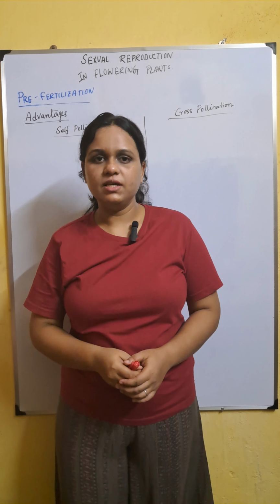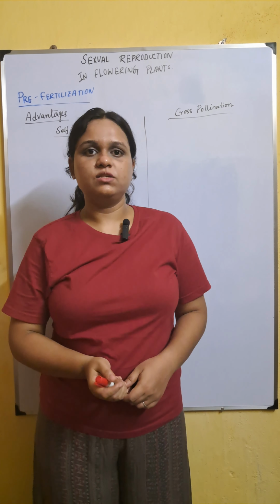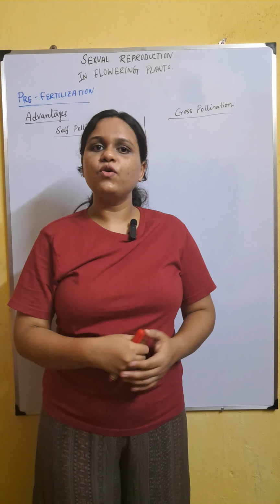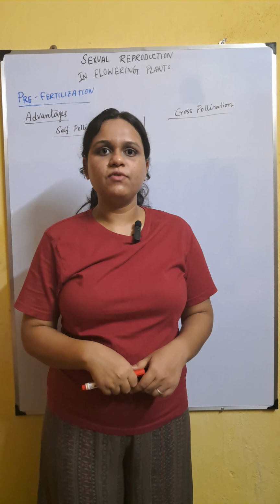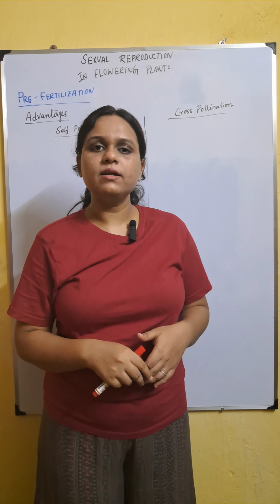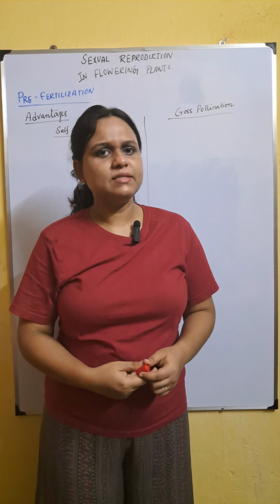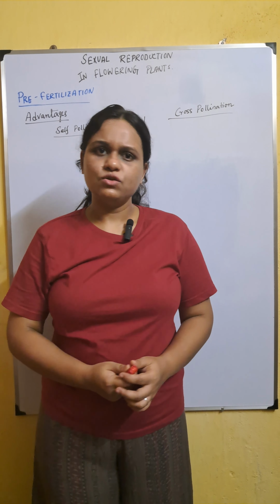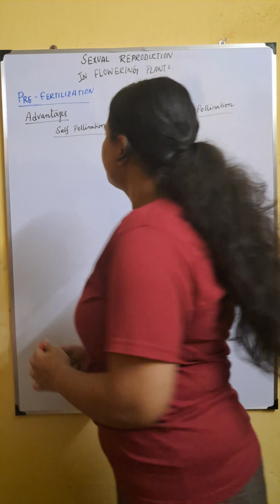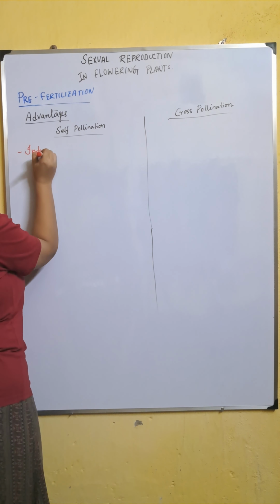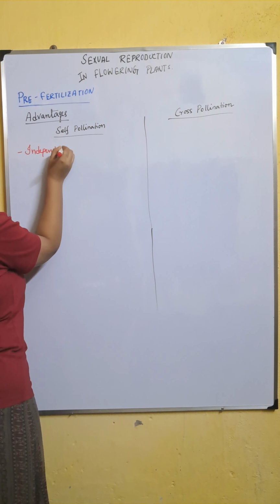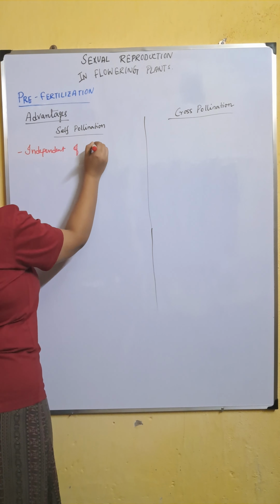As we have seen, in self-pollination there is transfer of pollen grain from anther to the stigma of the same flower or in the same plant. So there is not much importance of agents. We don't need agents. Self-pollination is independent of agents.